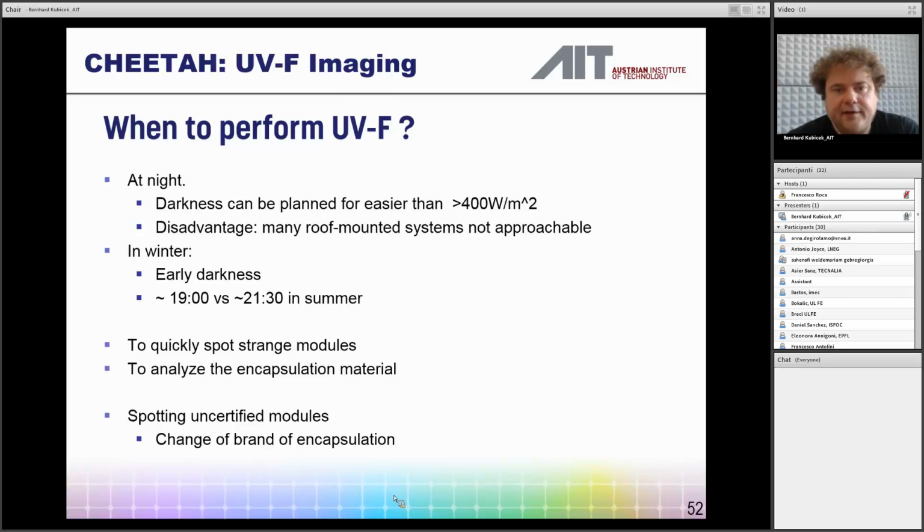And with UV fluorescence, if they change the EVA or the backsheet, very often you see big differences in the thickness of the dark areas in the UV fluorescence or the total brightness. In one part, there was one module next to the other with maybe 5 times brightness difference in the UV fluorescence, of the same manufacturer and the same module type. And I'm very sure that if it came to problems with the modules, this would be a good option to put pressure on the module producer.